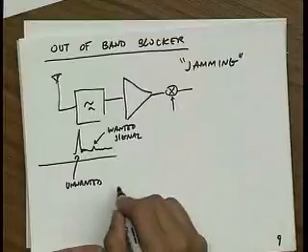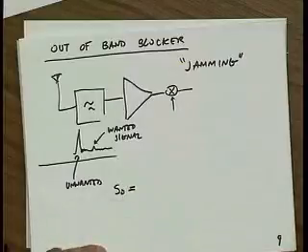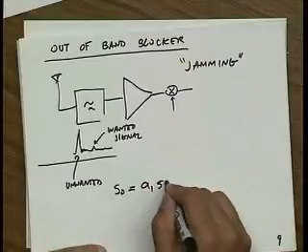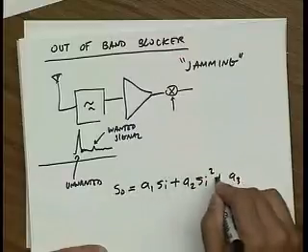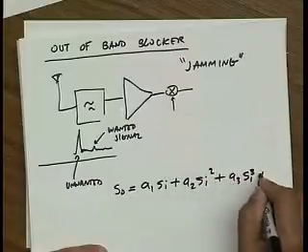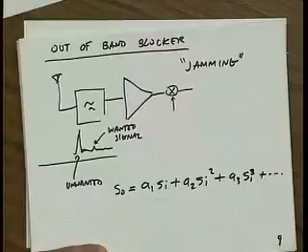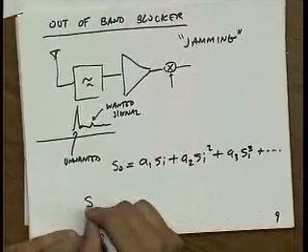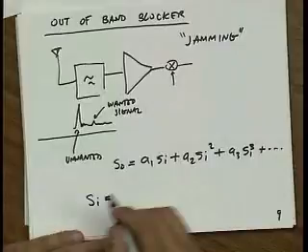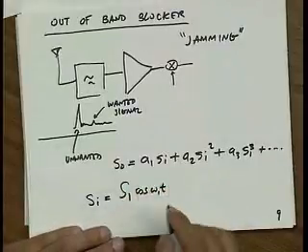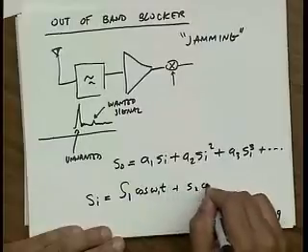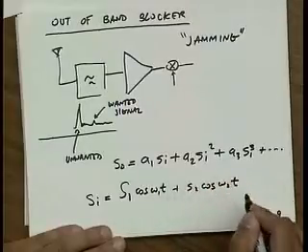All right, so again, I'm going to make the assumption that I have a memoryless nonlinearity, and let's say I can use a power series to describe it. Okay? And now on my input, I'm going to assume I just have two signals. A huge blocker signal and a tiny desired signal.